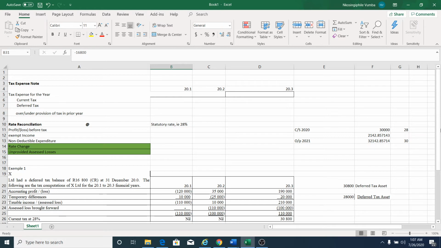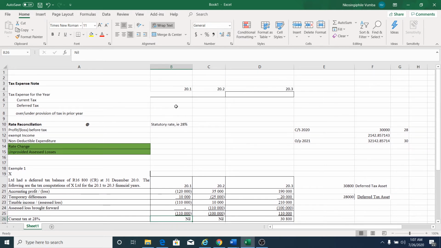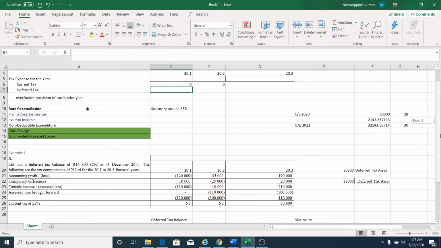Remember, let's start here. For 20.1, we didn't have any current tax, so let's have a current tax of nil. Also for 20.2, the current tax was actually nil. But for 20.1, what is the deferred tax expense or deferred tax income?